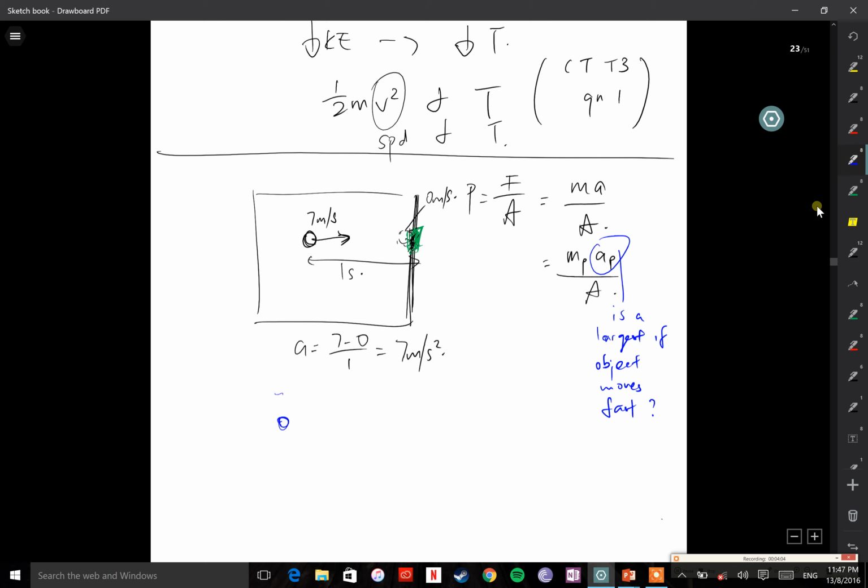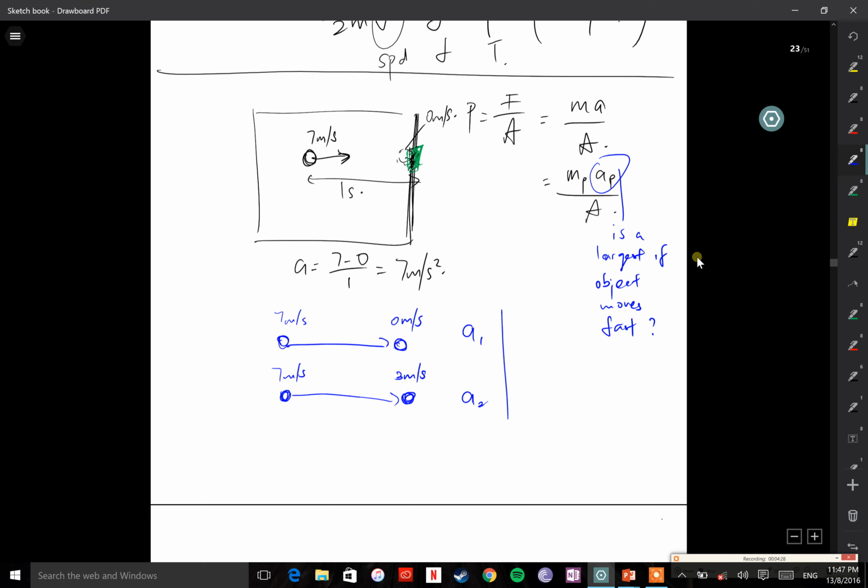We have 7 meters per second, it travels towards a certain place, and it ends up at 0 meters per second. Let's call this a1. And let's say it's also 7 meters per second, but it ends at 3 meters per second now, and let's call this a2. Both of these take place in 1 second.